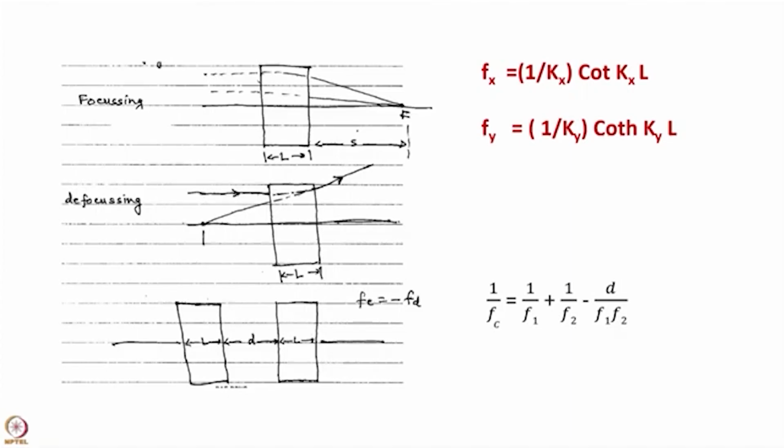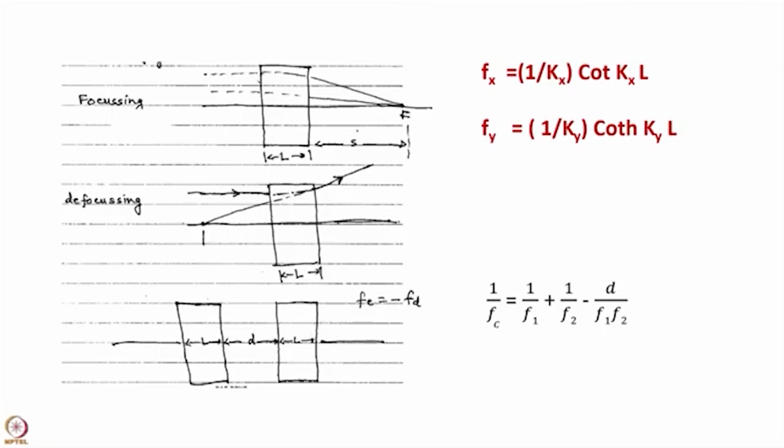When you want to calculate the trajectory, you have to inject a parallel beam here and then see at what point they will cross. Of course, there can be aberration if proper machining of these lenses is not done. Here it is deflection.